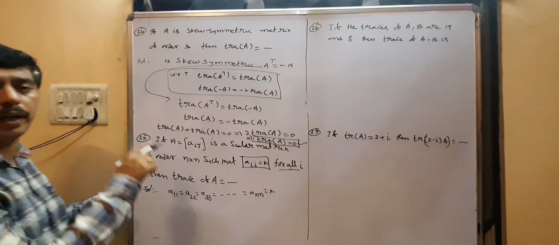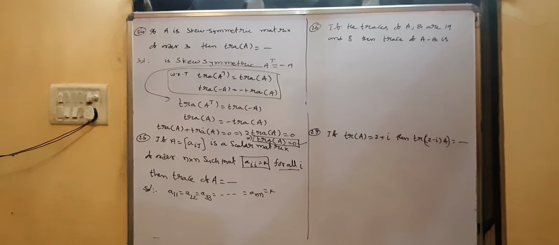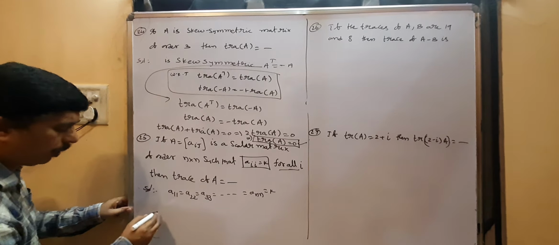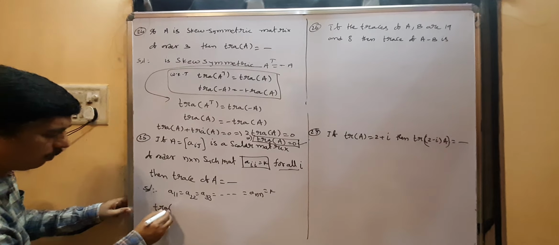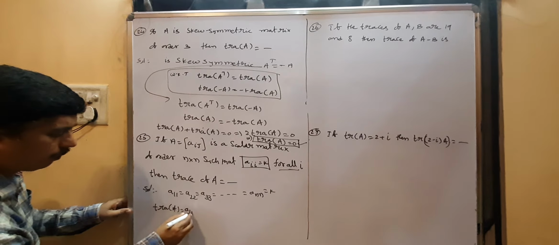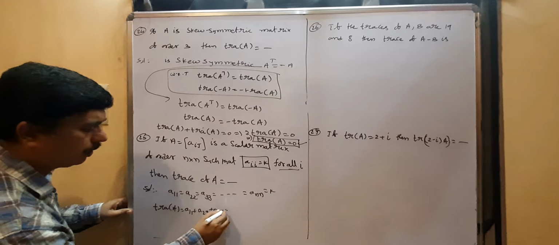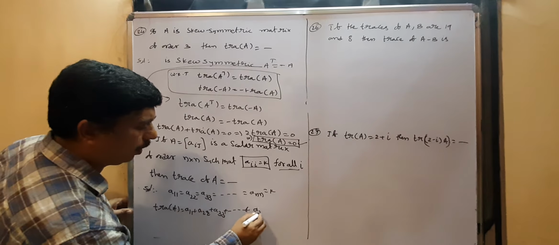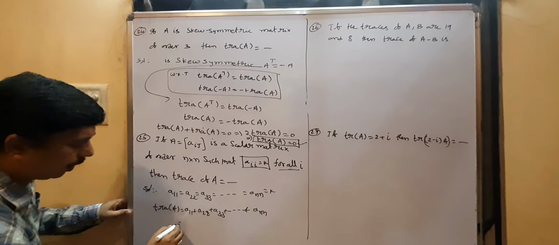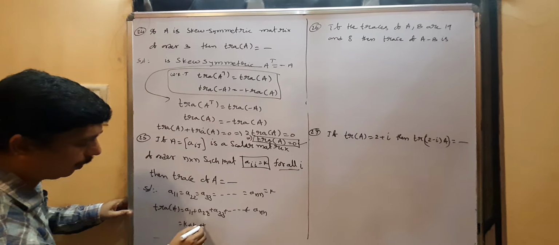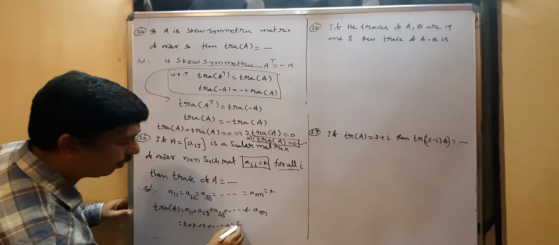Scalar matrix means all diagonal elements are constants. So trace of A, we know the formula, is A11 plus A22 plus A33 and so on plus Ann. All values are k, so k plus k plus k and so on, n times.